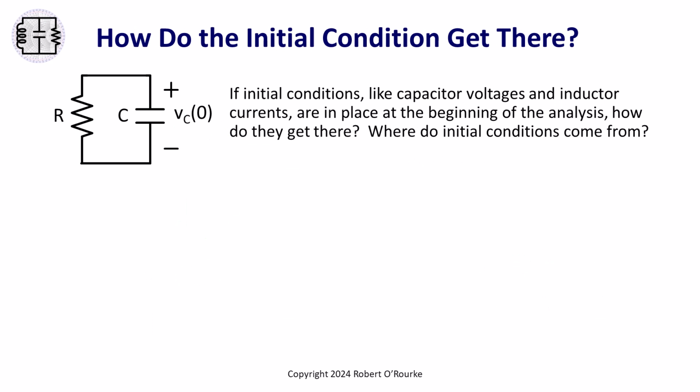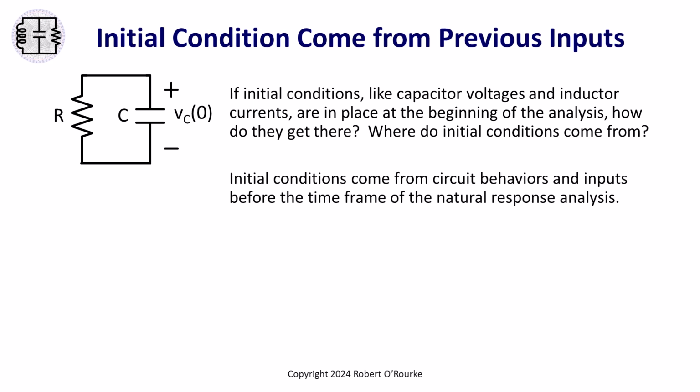If the initial conditions for a natural response analysis are already there in the circuit, how do those initial conditions get there? What practical electrical situations might correspond to the switched circuits before the switches were thrown, that is, before the analysis starts?